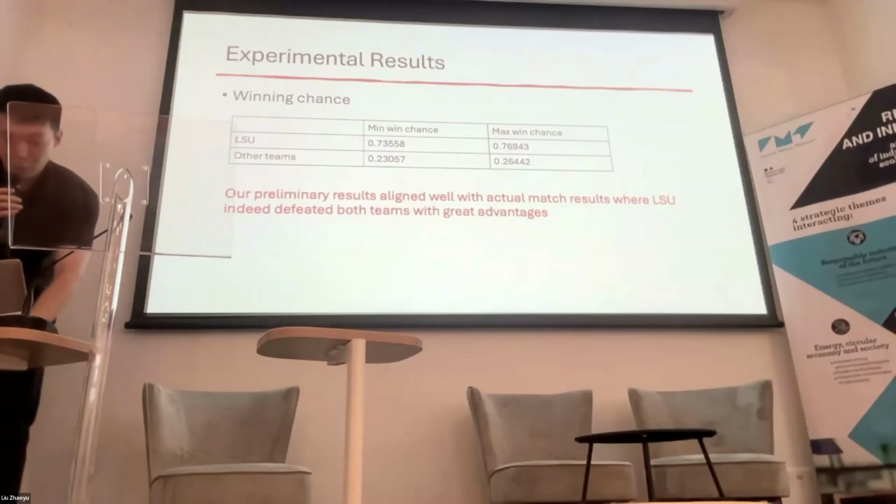Then maybe we switch 5% from wide to T, so it's 55% to wide versus 45% to T, and we observe that the overall winning chance will increase by about 2%. Because you look at the previous outcomes. Okay, thanks. Thank you.